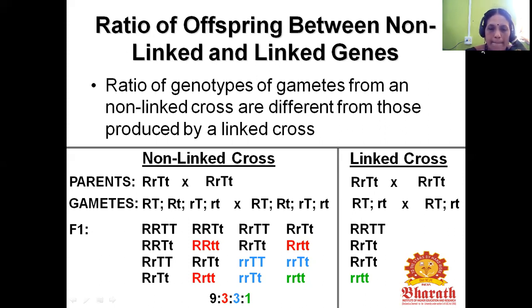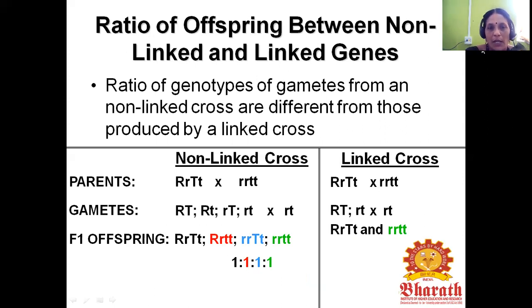The ratio of genotypes of gametes from a non-linked cross is different from those produced by a linked cross. So the parentals are capital R, small r, capital T, small t crossed with small r, small r, small t, small t. The gametes are formed, and the F1 offspring show a 1:1:1:1 ratio.